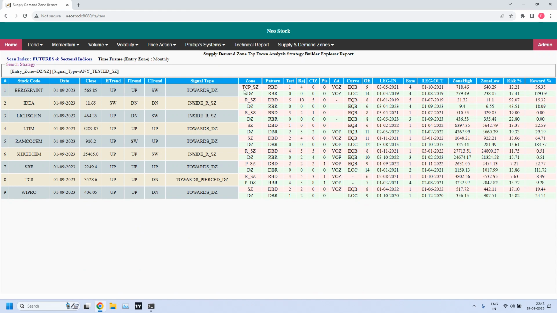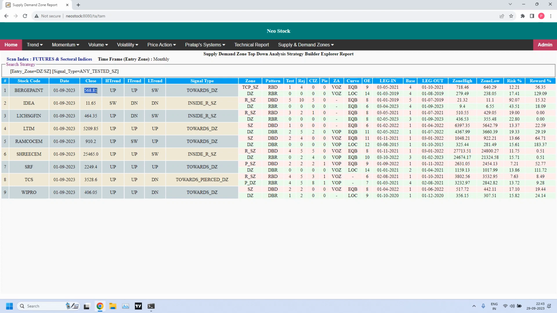Look into this counter trend supply zone. It already gave an entry. What is the zone low compared with 640? From 640, the price went down to 568.